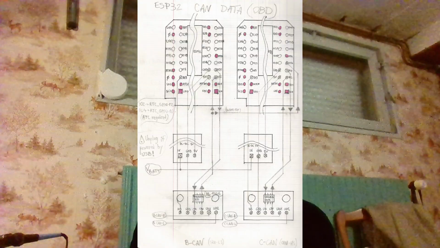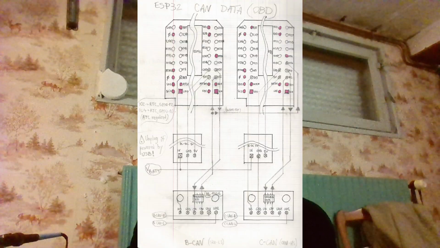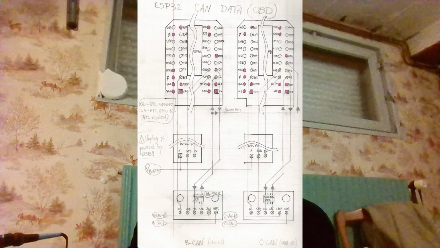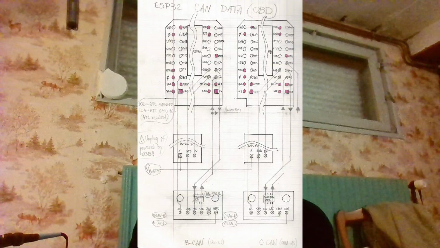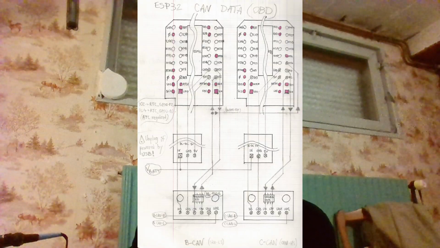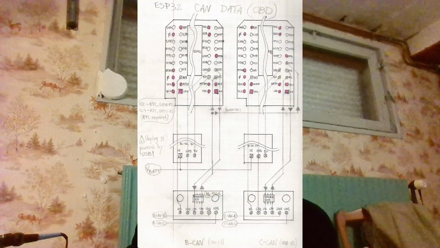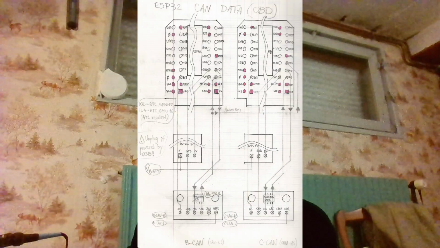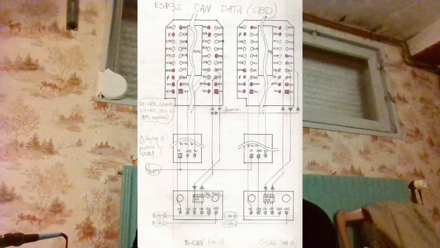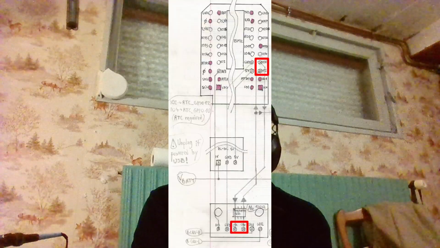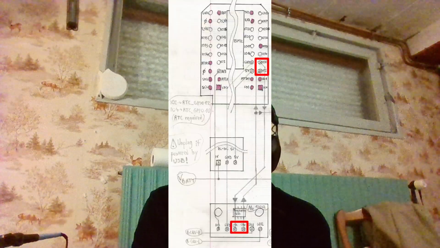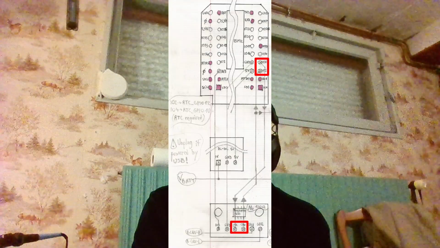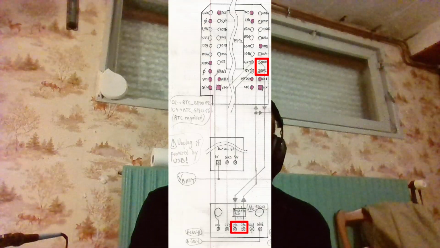So by doing that, I don't drive IO0 during boot up, and in this case it will normally boot from the SPI flash. So these are the pins I swapped in order to have a proper boot up.